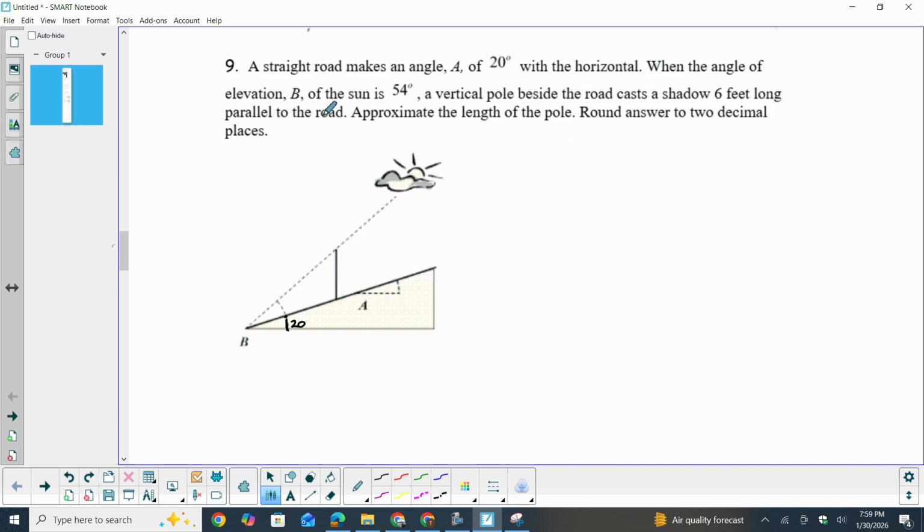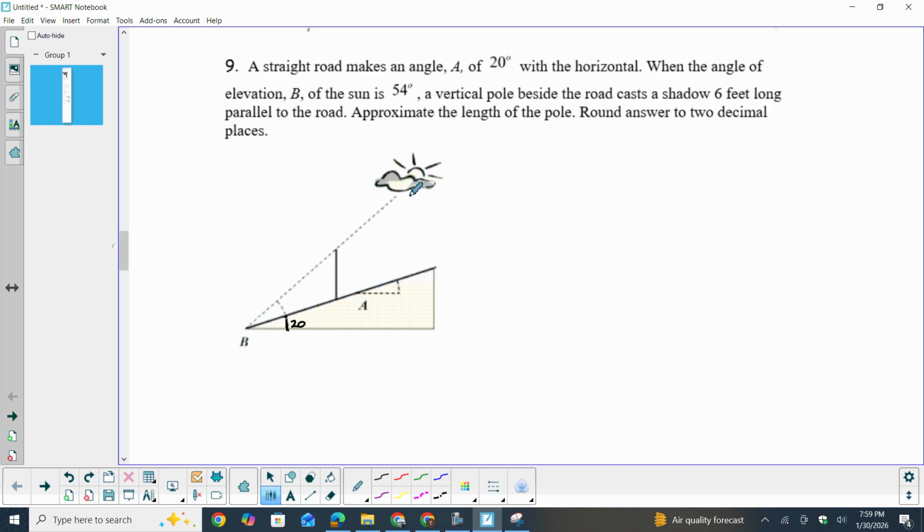Okay. When the angle of elevation B of the horizontal to the sun is 54 degrees, this is a 6-foot shadow. So I'm assuming that this is what they're calling the shadow. So the sun's over here, so the shadow's going to be on this side, right?